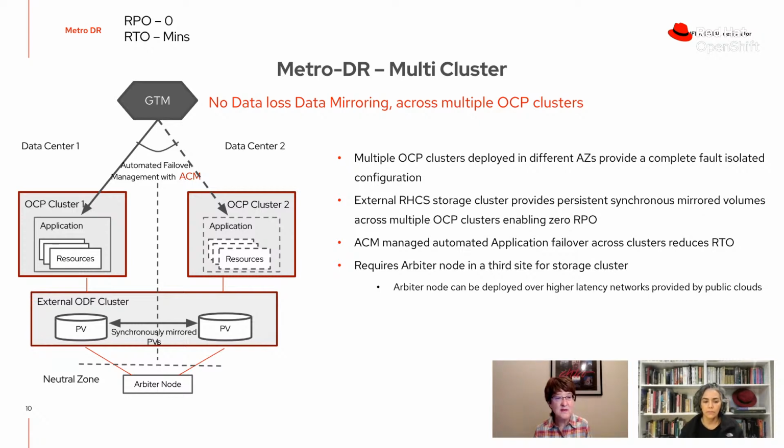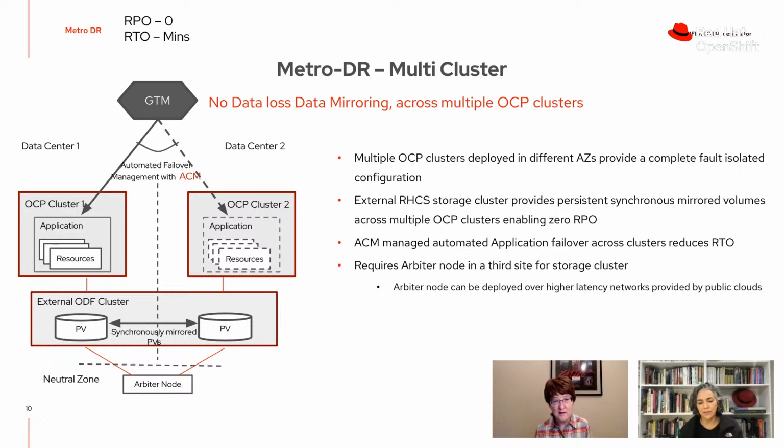So it's just a single cluster, and it is synchronous, so we have latency requirements, and we have to have a third location to be the consensus or arbiter, sometimes called witness, where one of the storage cluster components has to live in order to be able to establish quorum.